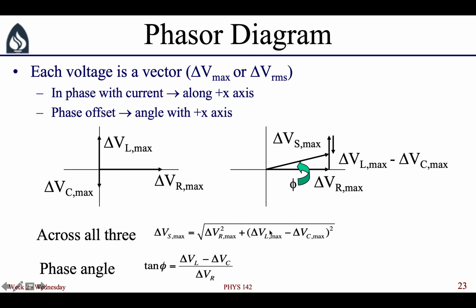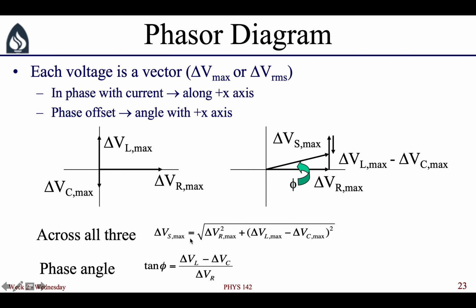This is our b side, the difference between the inductor maximum and the capacitor maximum voltage, and then we square that. That gives us the square of the voltage across the hypotenuse of this triangle. So the voltage across the power supply follows this expression here. And we would use the same sort of expression to find the RMS voltage across the power supply. It's just that we would use all RMS quantities instead of maximum quantities.